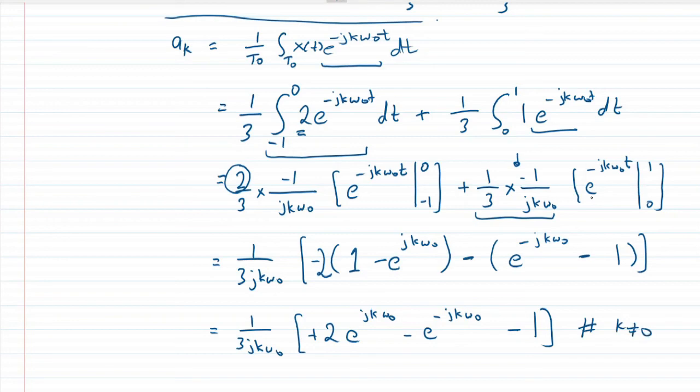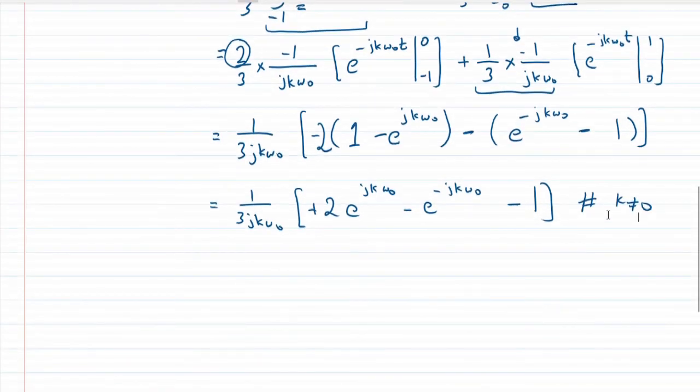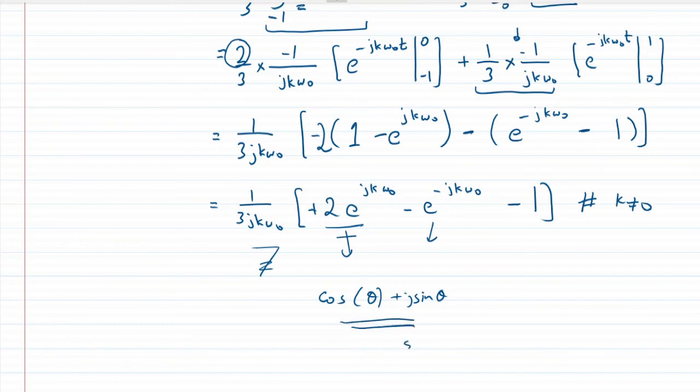Afterwards we can simplify it further if we need, and we can express it in terms of cos function plus j sine function for each of these exponentials, and then simplify, or we can write it in terms of sinc function. But usually over here this is a sufficient expression.